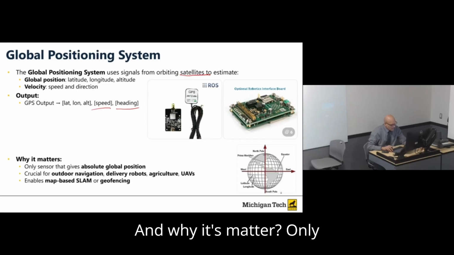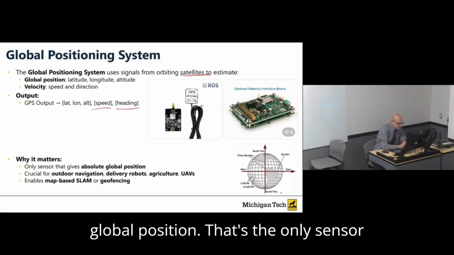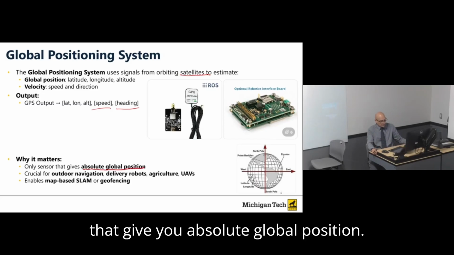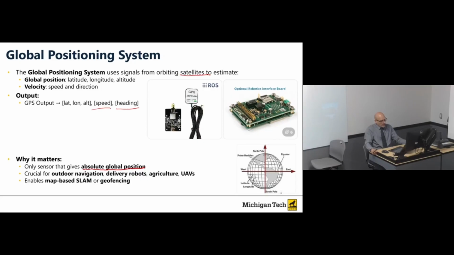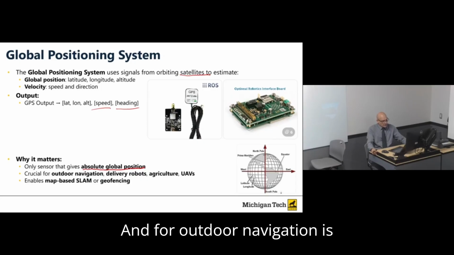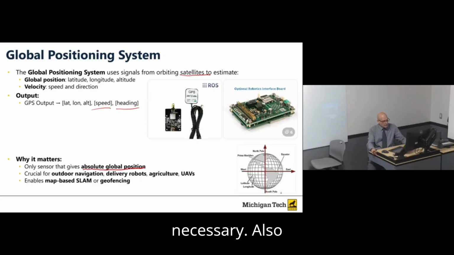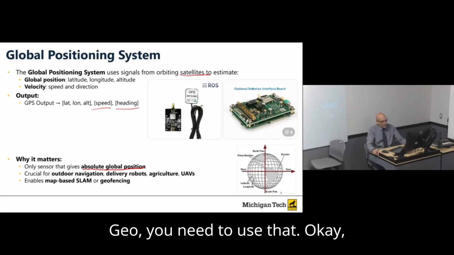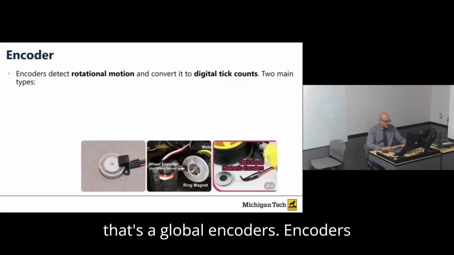And why it matters: it's the only sensor that gives you absolute global position, and for outdoor navigation it is necessary. Also for SLAM or anything related to geo, you need to use that. Okay, that's global position.